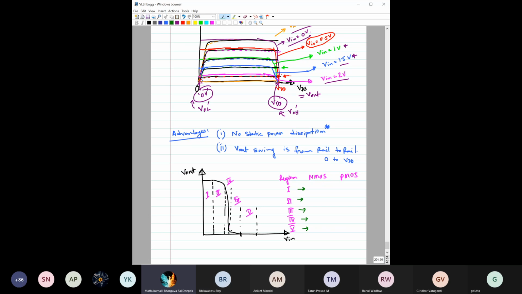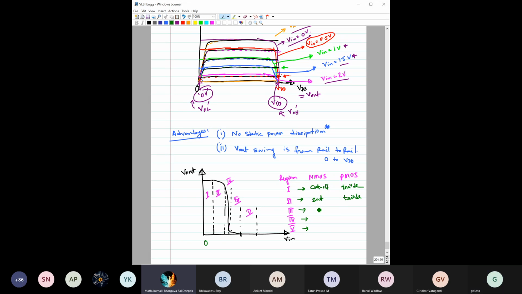Cutoff and triode. First one is cutoff. NMOS is cutoff, and PMOS is triode. Right. Then region 2, saturation and triode.